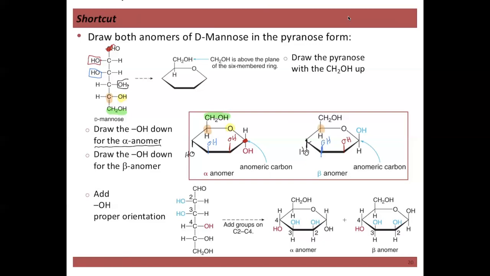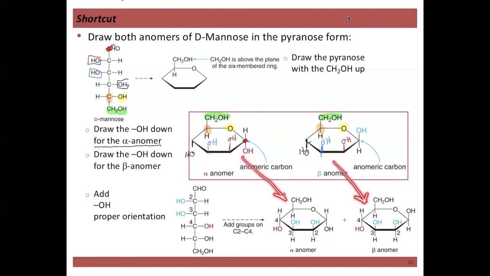The stereocenter, or the one that determines if it's D or L, is right there, which causes that CH2OH to pop up. And the oxygen of the center that determines if it's D or L is right there. So you can check our answers below, and you can see that we did it properly.